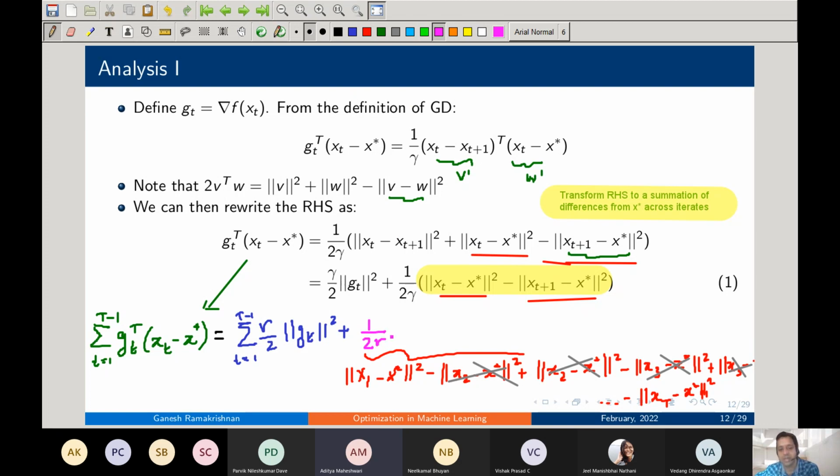So overall, you have 1 upon 2 gamma times x1 minus x star square minus xT minus x star square. This is exactly what we have been referring to as telescopic summing, which should excite us, and we should look for such telescopic summing.